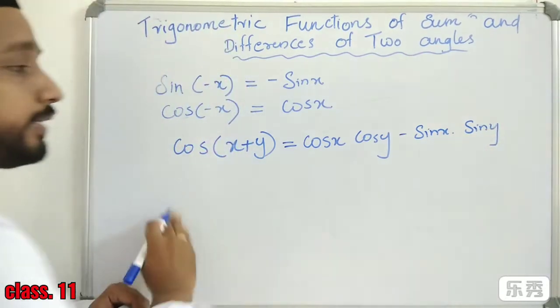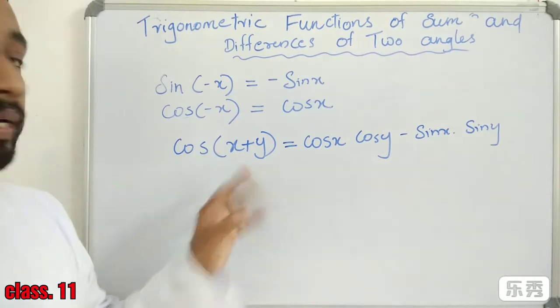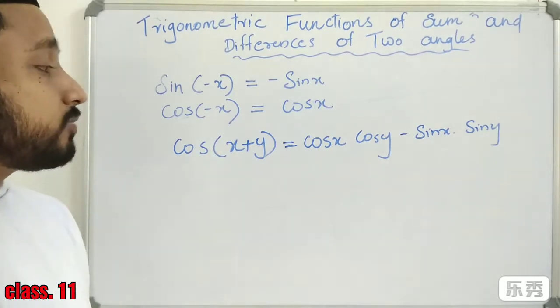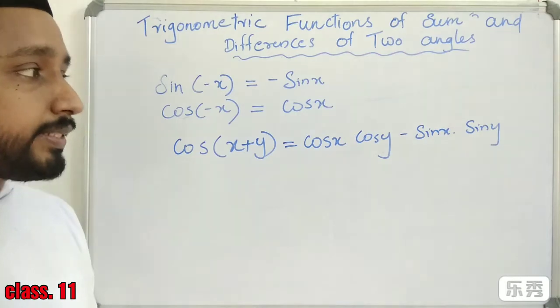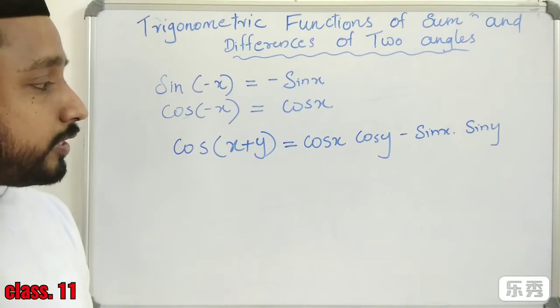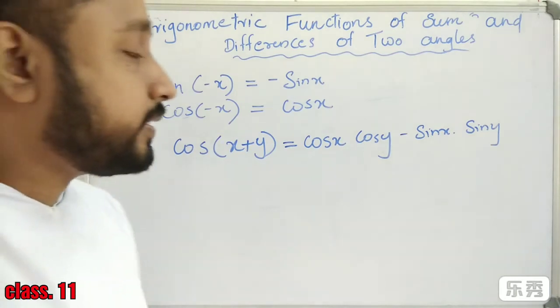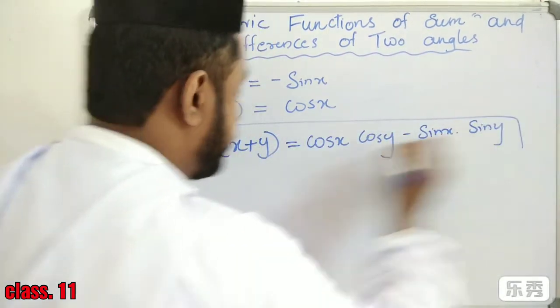This is the basic result. Actually, there is a proof, but there is no need to study the proof. You have to study this formula: cos of x plus y is equal to cos x cos y minus sin x sin y. This is the basic result.